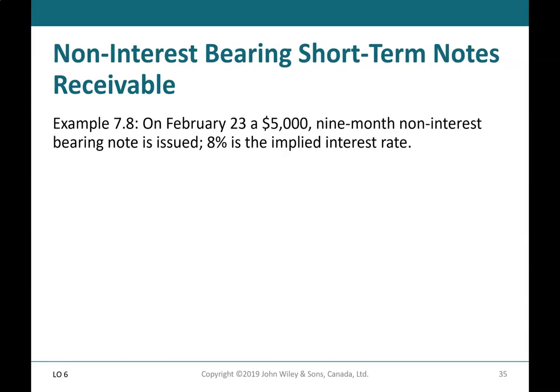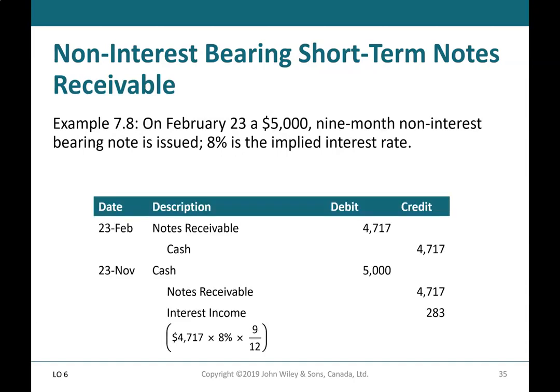Non-interest-bearing short-term notes receivable, example 7.8. On February 23rd, a $5,000 9-month non-interest-bearing note is issued. 8% is the implied interest rate. So February 23rd, you would record the notes receivable at 4,717 and credit cash for 4,717.